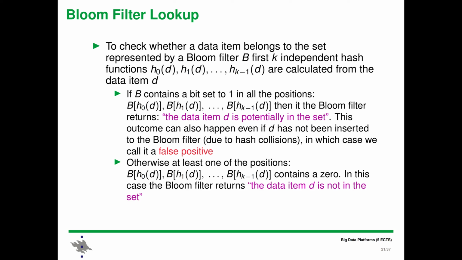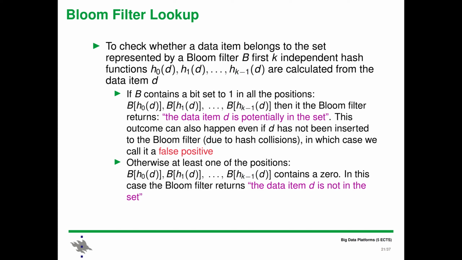And of course, we can help play the probabilities in such a way that if we make the Bloom filter larger, then our probability of having collisions by accident goes down.